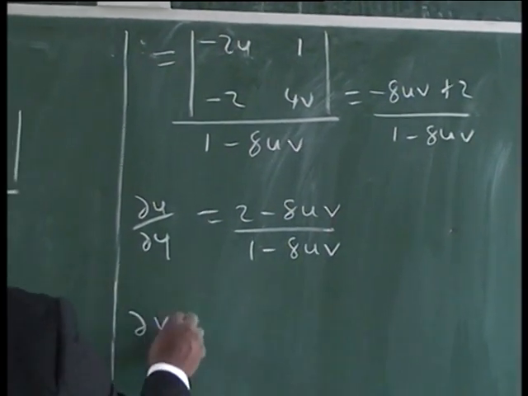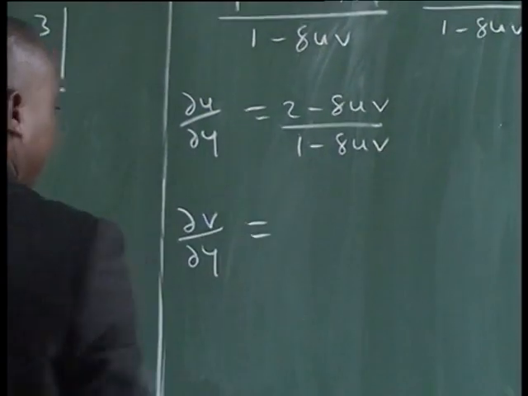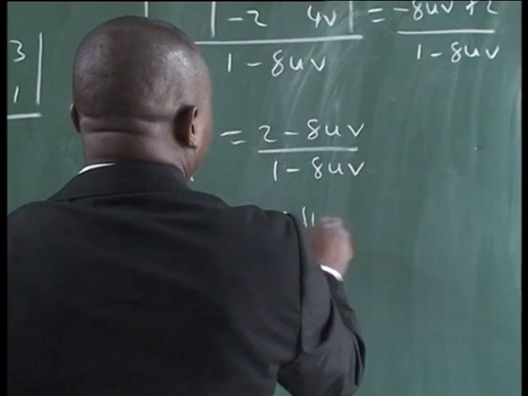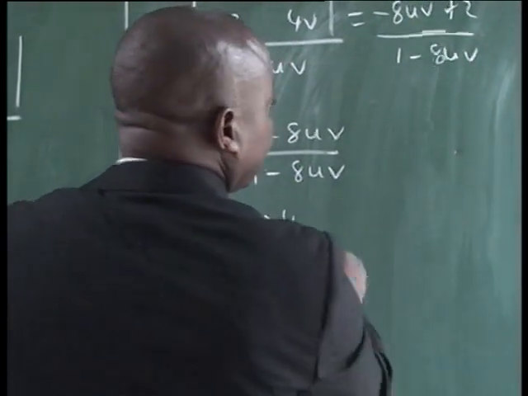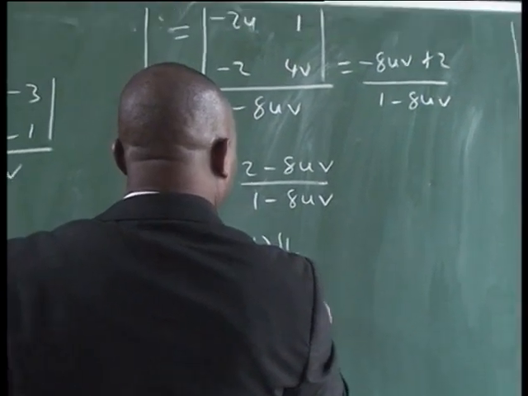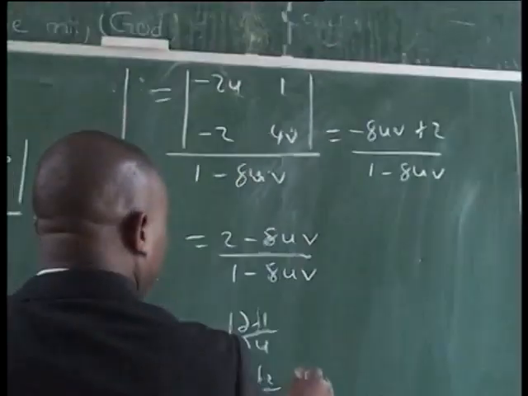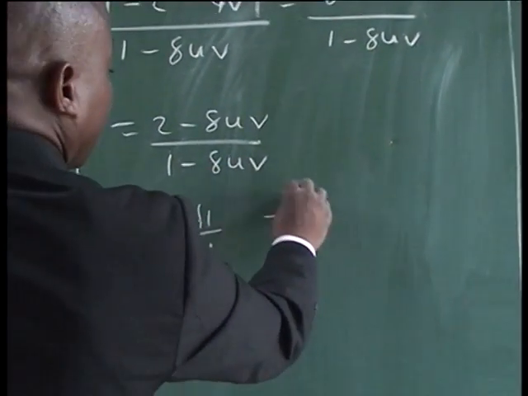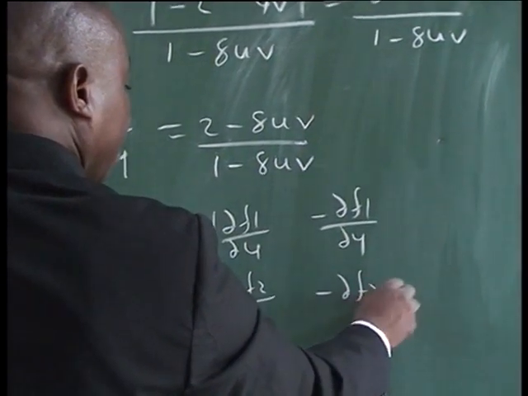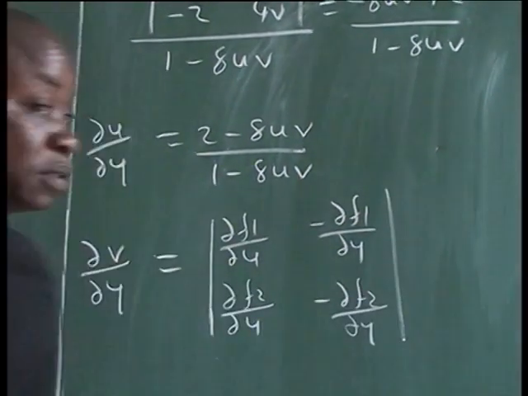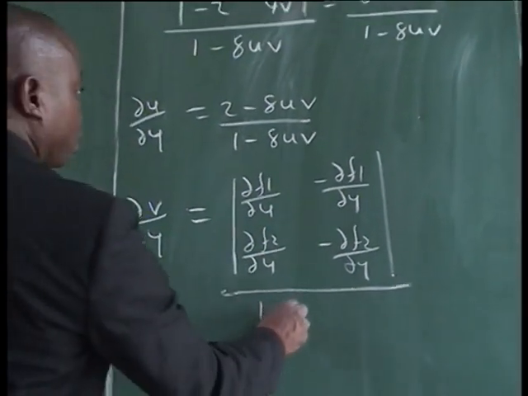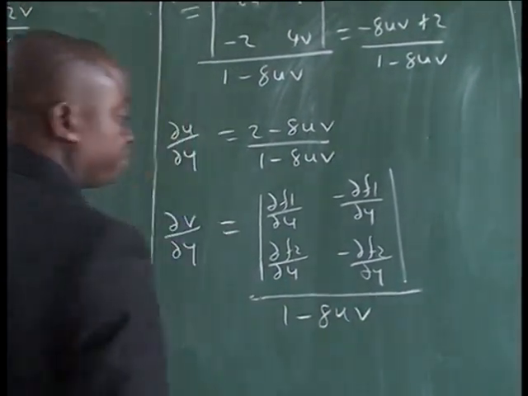Then partial v partial y is the same as partial f1 partial u, partial f2 partial u, and minus partial f1 partial y, minus partial f2 partial y, divided by the same determinant, which is 1 minus 8uv.